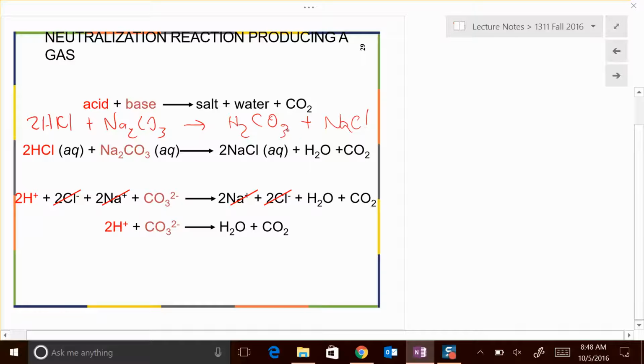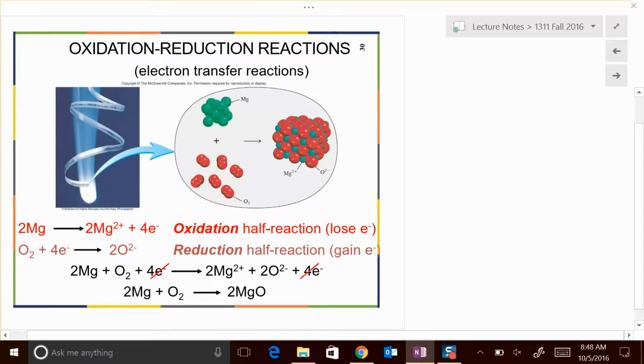Okay, and then the carbonic acid, you can see, decomposes into water and carbon dioxide, and that's how we get our water and carbon dioxide. Okay. So that's a very common thing that happens with baking soda or other carbonates, okay, that you react them with the acid.